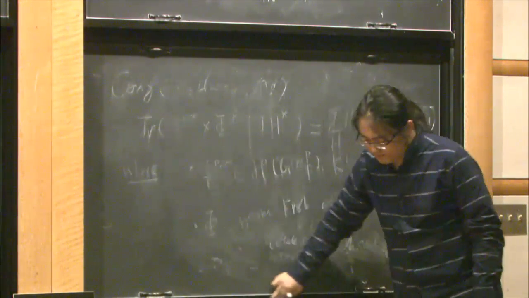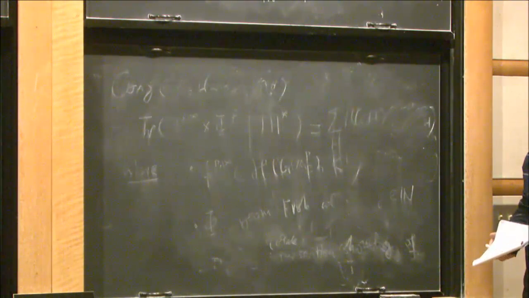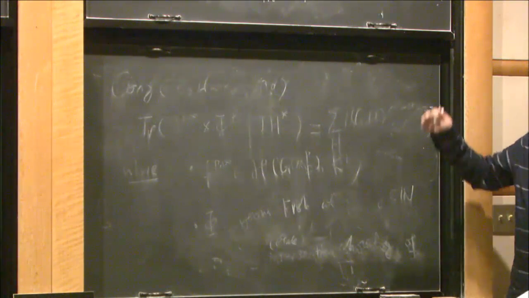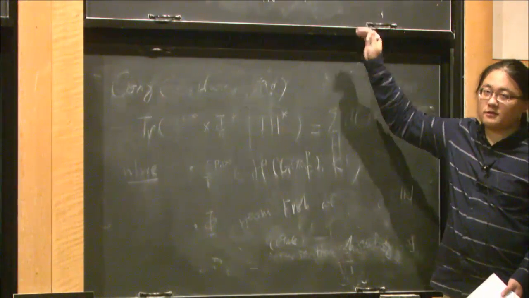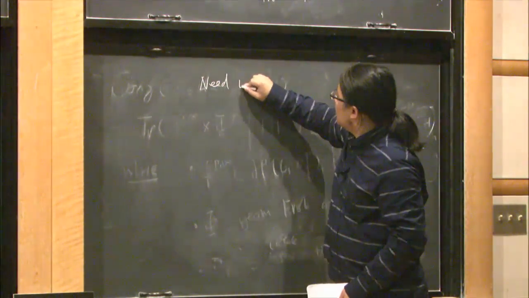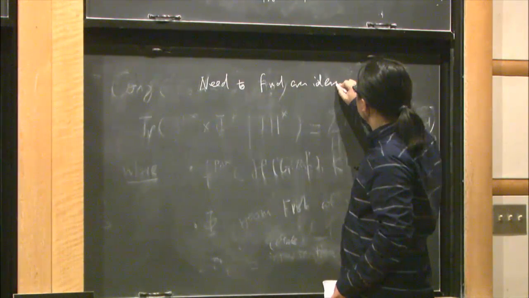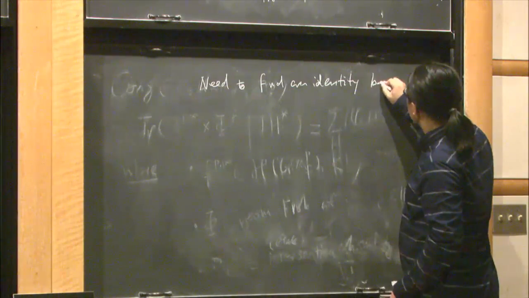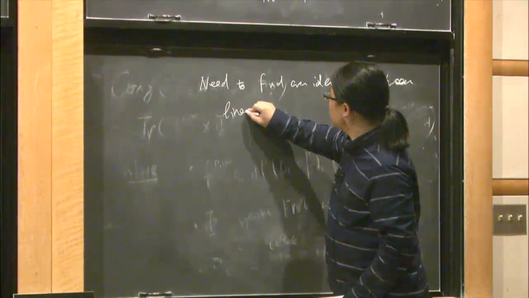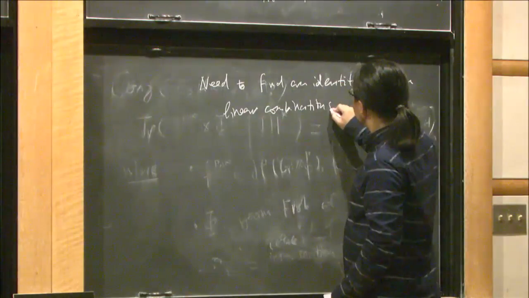The original character formula of Harish-Chandra looks simpler when you evaluate them on points in compact tori, but for non-compact tori you also have formulas, and then the goal is to find an identity between linear combinations of them.